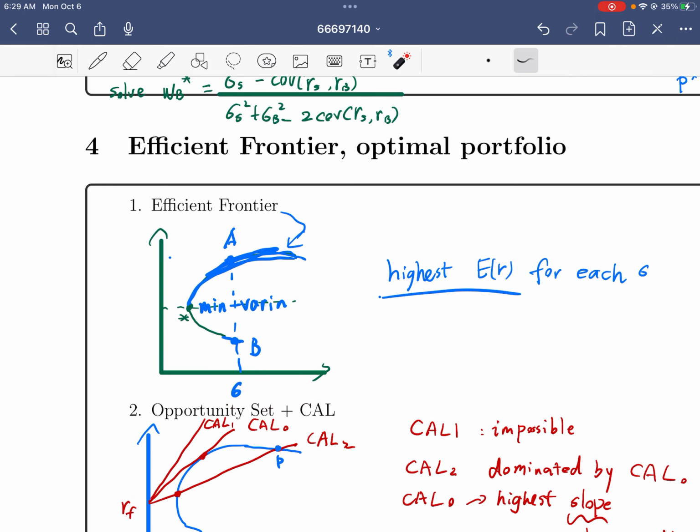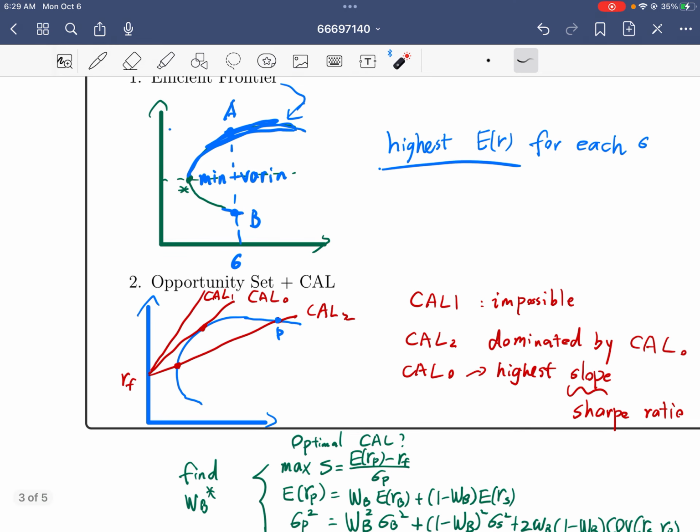Portfolio A has a larger expected return than portfolio B, so A is more efficient than B. So we are definitely going to choose portfolio A. So for the efficient frontier, all the portfolios on it have the highest expected return under a certain level of risk.